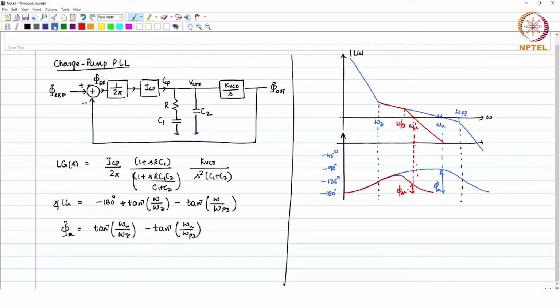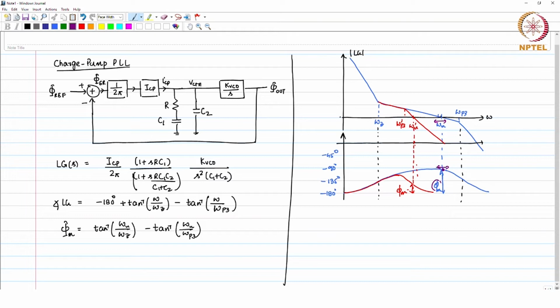Now, you take two cases. One case is where the phase plot is actually peaking near the omega u frequency, and let us say this is the phase margin which you want, right. Then, if you think about it, the variation in omega u around this frequency omega u given, due to some parameters in the design, the change in the phase margin around this point is actually very less.